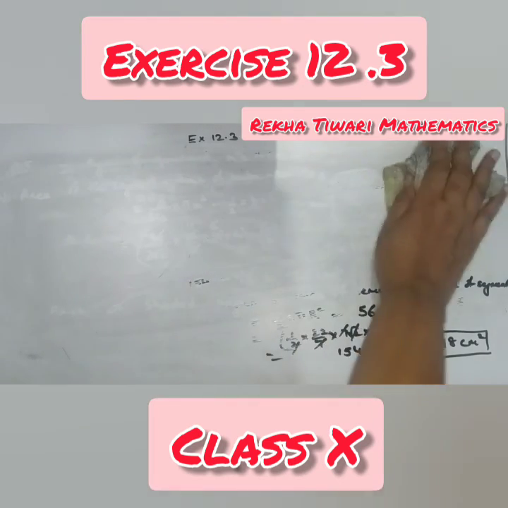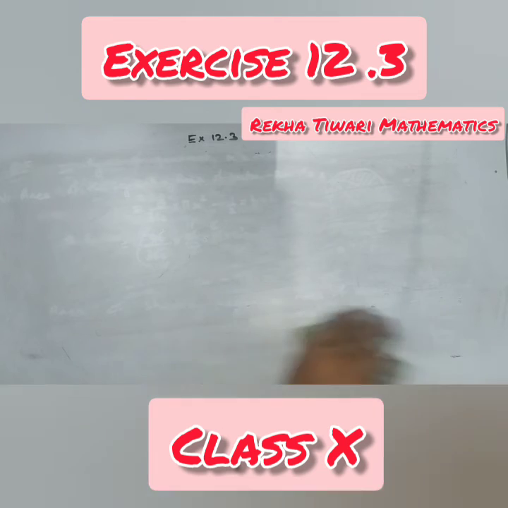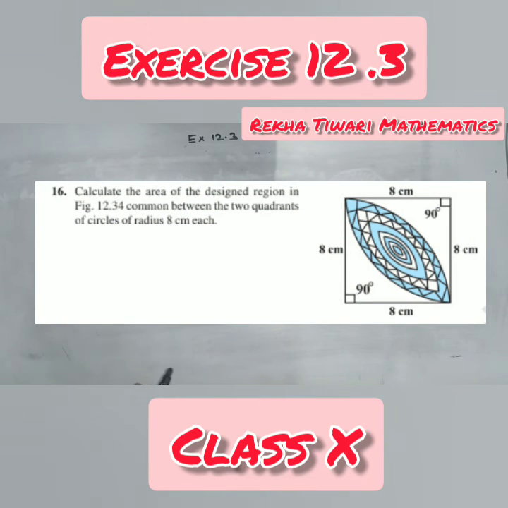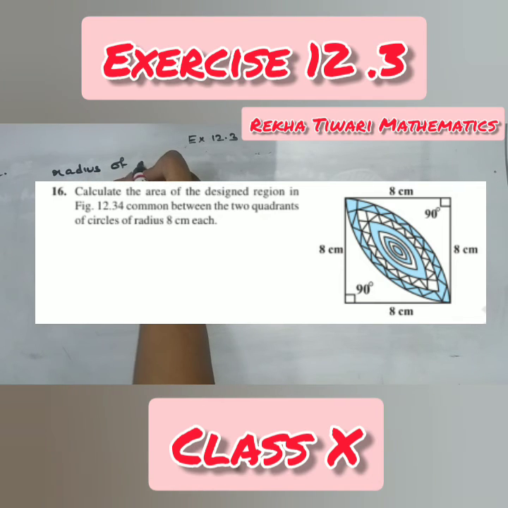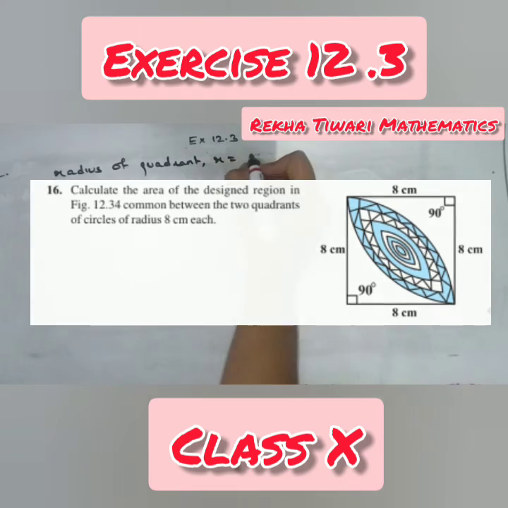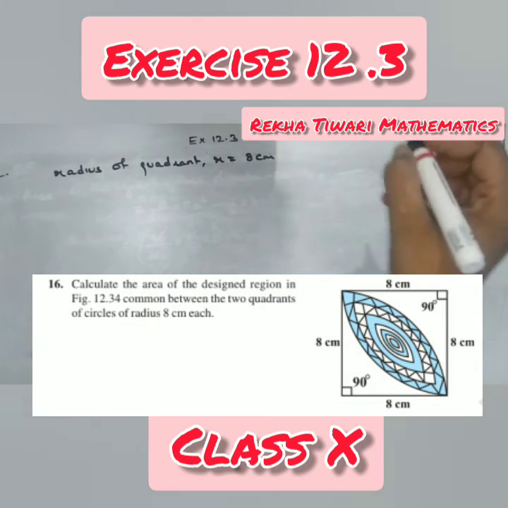Move to the last question of the exercise, question number 16. Question number 16 is: calculate the area of the designed region in the figure, common between the two quadrants of a circle of radius 8 cm. The radius of the quadrant, let us denote by r, is given to you as 8 cm.